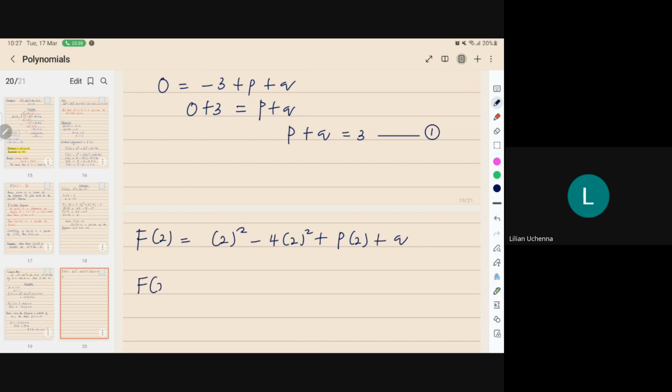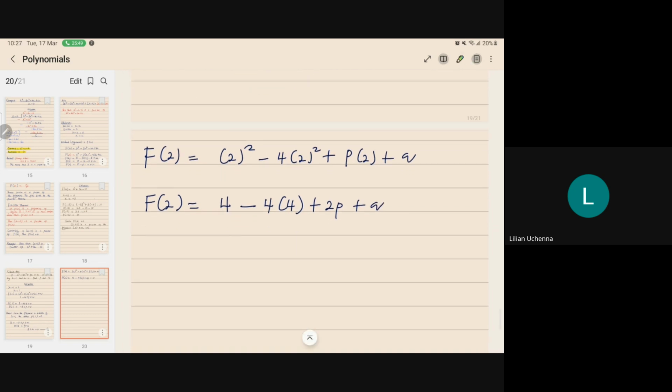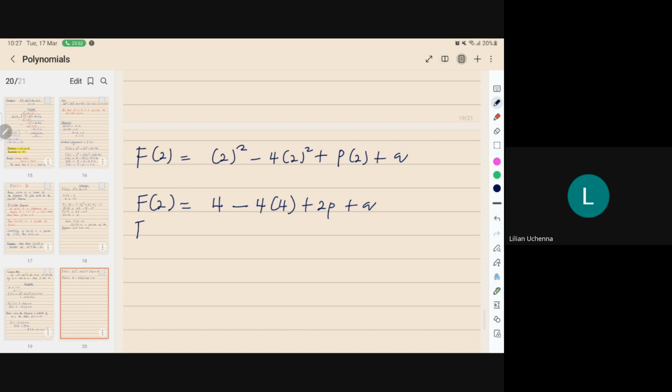So f of 2 is equal to 4 minus 4, since 2 squared is 4, plus 2p plus q. That means f of 2 is equal to 4 minus 16 plus 2p plus q. 4 minus 16 is what? That should give us minus 12. So f of 2 is equal to minus 12 plus 2p plus q.